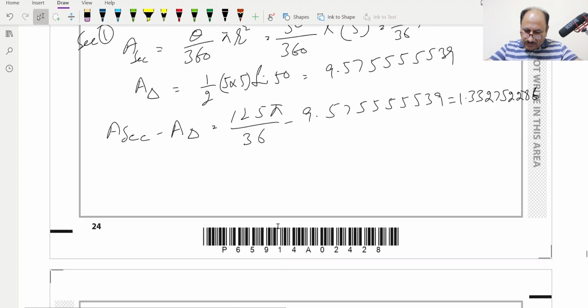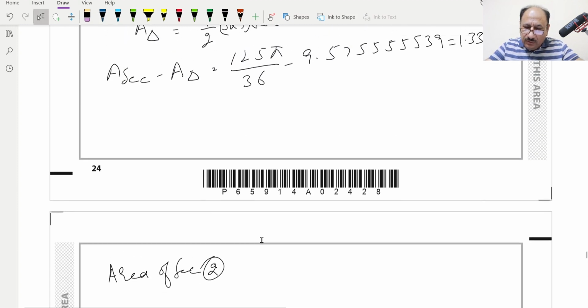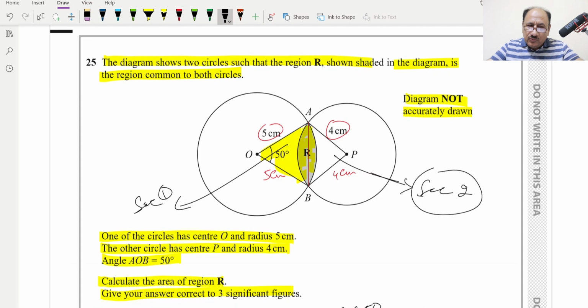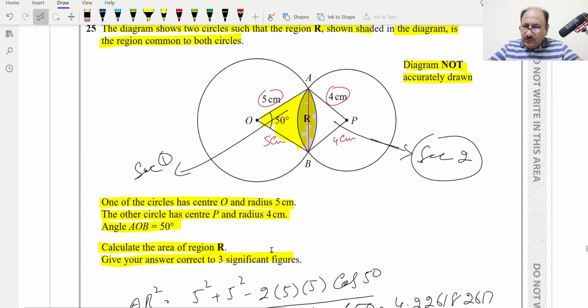Now we can take the sector 2 also. So area of sector 2, we can label this one as sector 2. For this one again we will apply the angle.